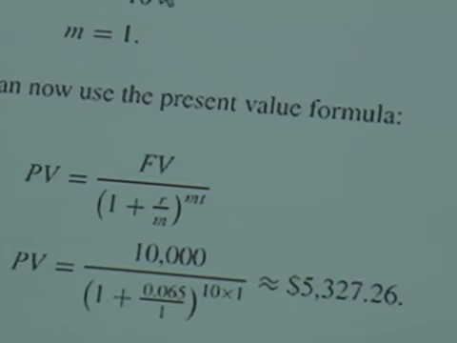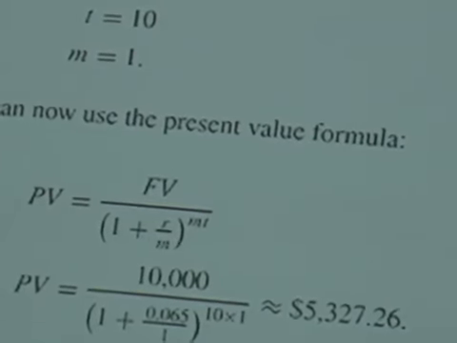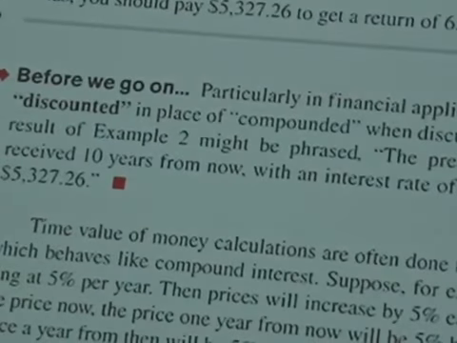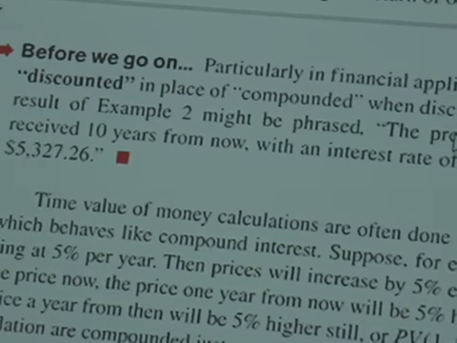But that was based on a very high interest rate, and you wouldn't normally get such a good interest rate, so it would be different. Anyway, the result of example 2, that is this 5327.26, might be phrased, okay, let's read this and see if we can make sense out of this.